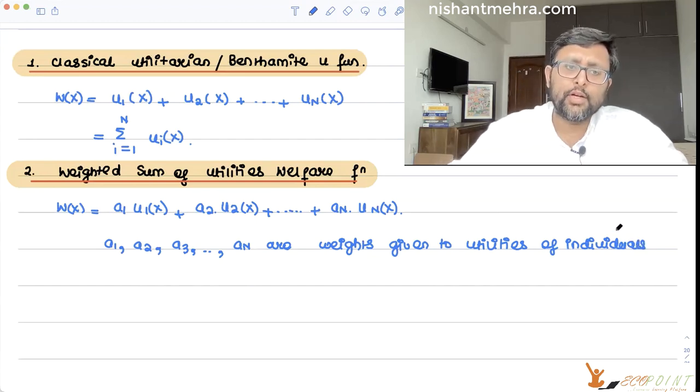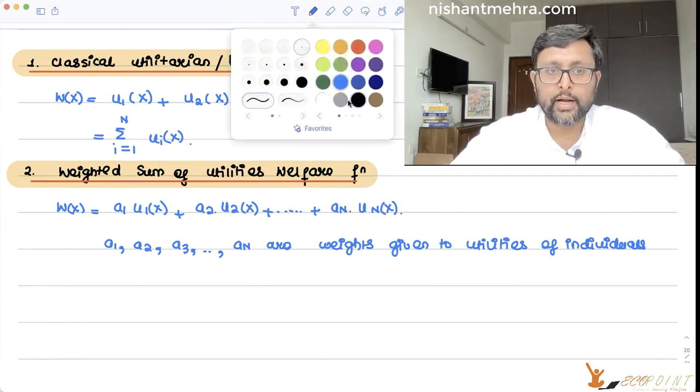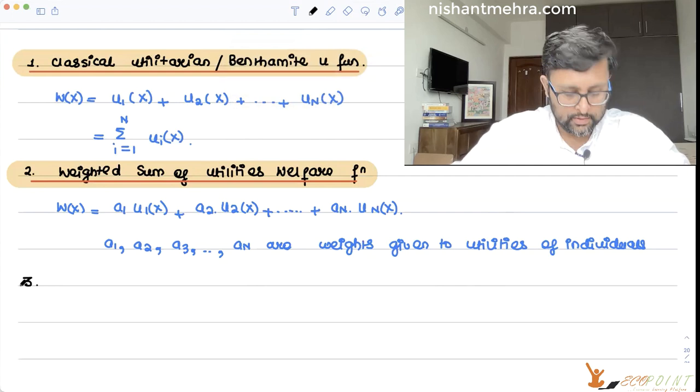You need to understand that you are going to use this utility function in order to maximize the welfare. But how do you do that? Of course, we will have to wait for one or two more recordings to get to that point. So right now, I'm just defining things.